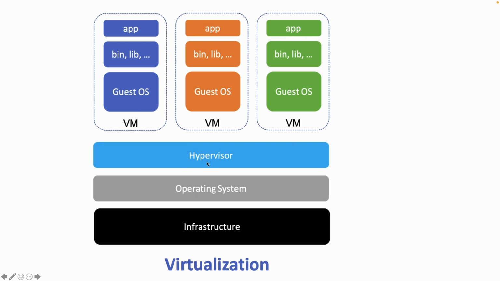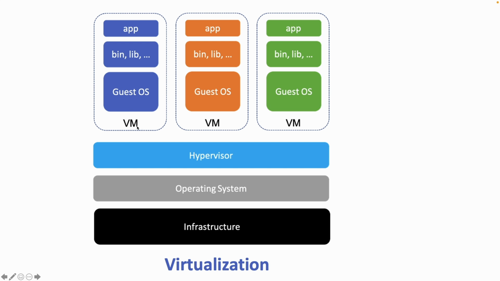So what happens now? You have converted your single machine into three different virtual machines, and on top of that you can run multiple OS, one on each virtual machine.